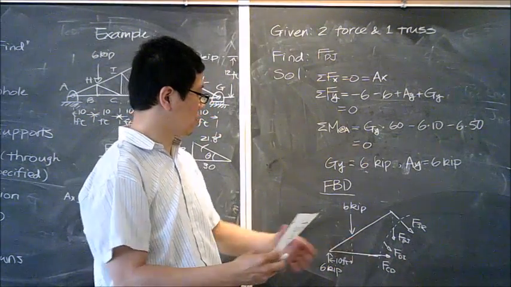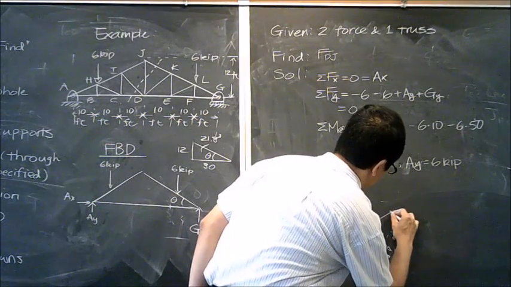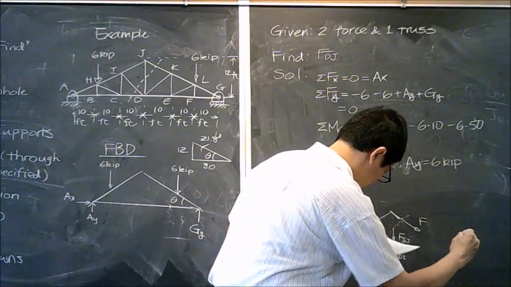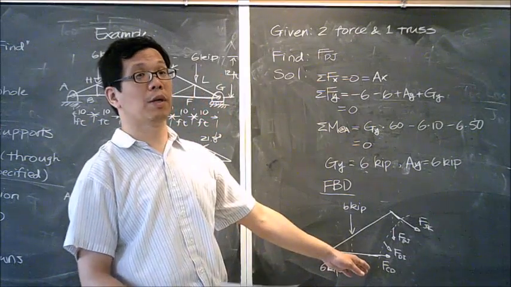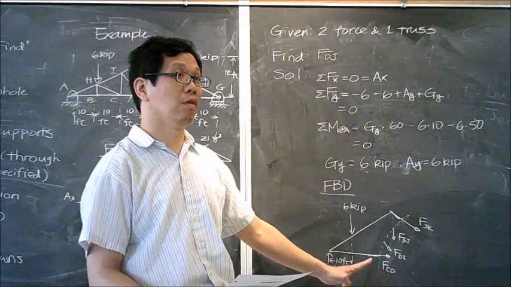Okay, so this is going to be the free body diagram I need to deal with. Obviously, how many unknowns do we have? Four.